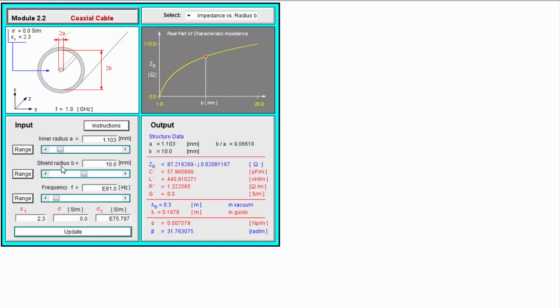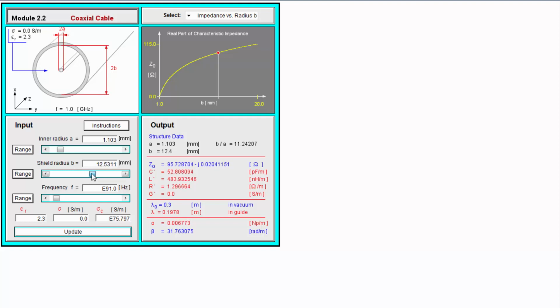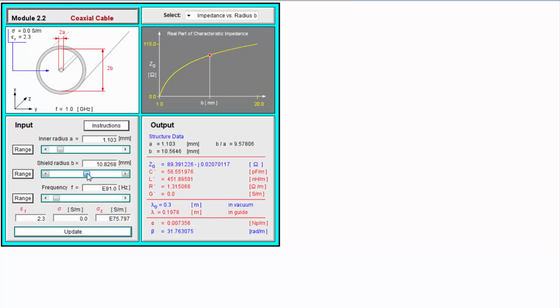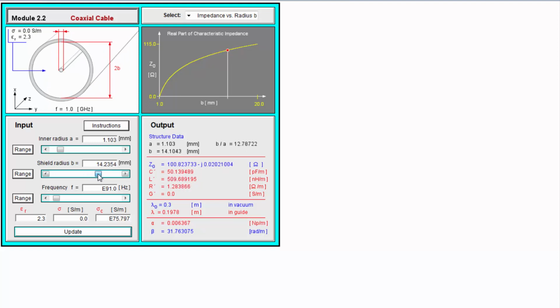So what about the diameter of the shield? Okay, when we increase the diameter of the shield, that means increasing the area or the volume of the dielectric material, the characteristic impedance will be increased. So it's proportional to the size of the dielectric material.